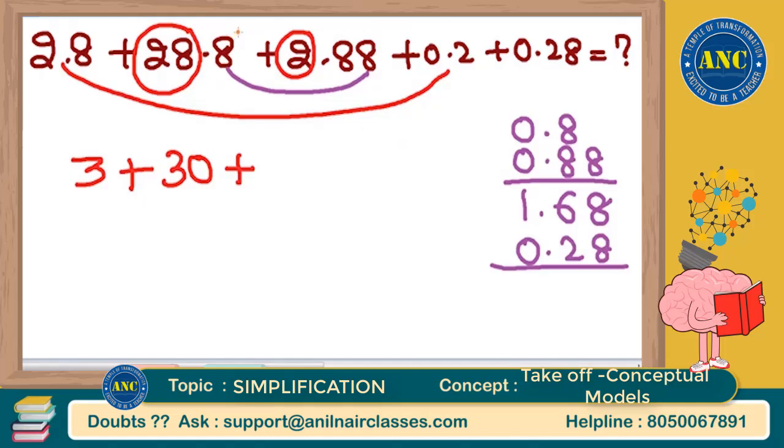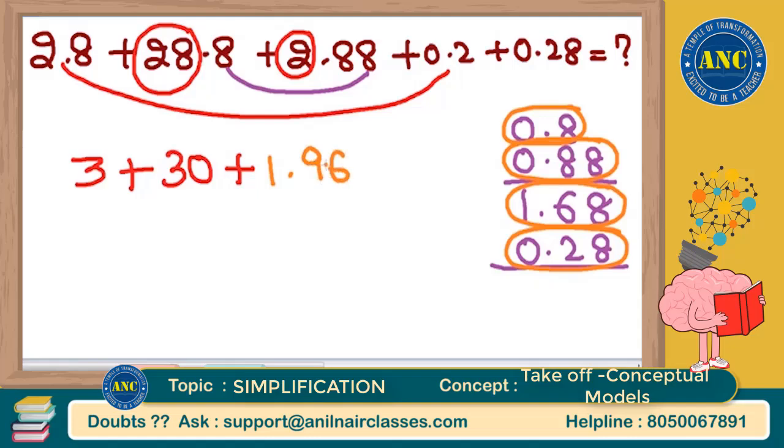I told you that this is 80 paise and 88 paise. 80 plus 88 is 168 paise. For 168 paise, add another 28 paise. It is nothing but 168 plus 28, which is 196 paise.